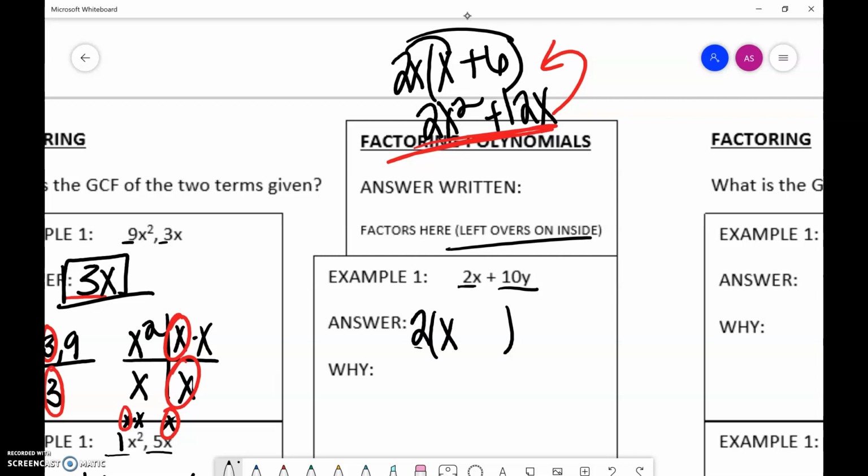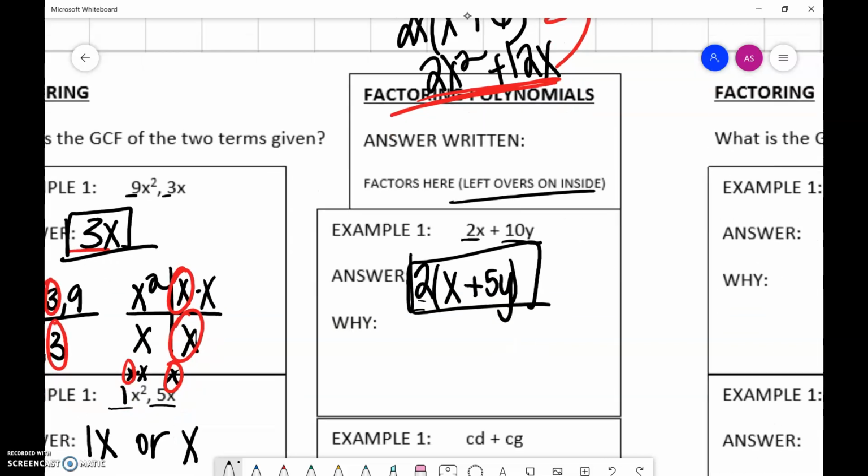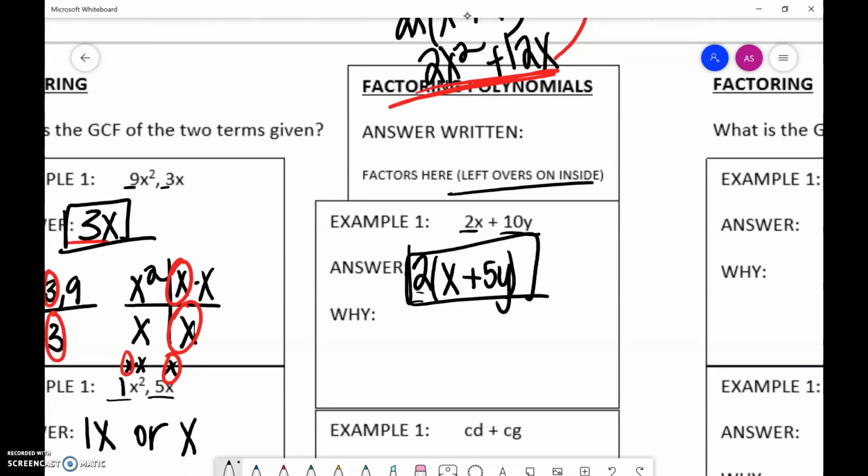Then what can you multiply by 2 to get 10y? That's going to be positive 5y, and that's my answer. Now for this one, you can just do distributive property, and if you get back the same thing you started off with, then you are correct, as long as you have factored out the greatest common factor, not just the common factor.